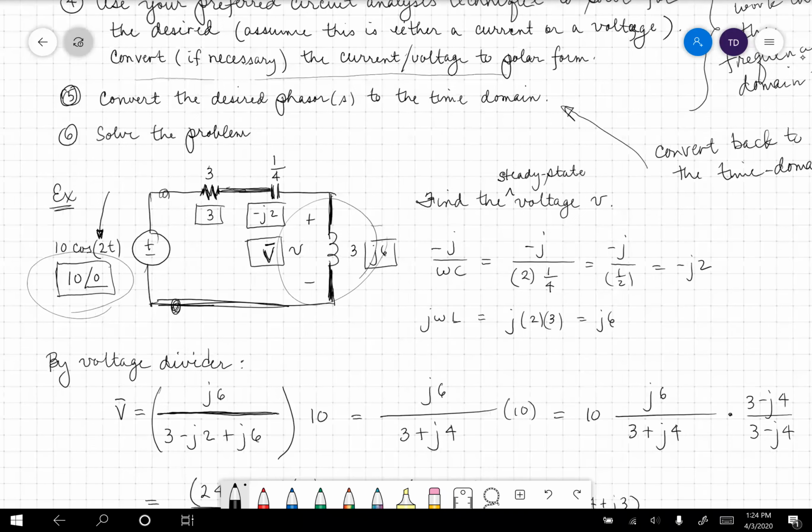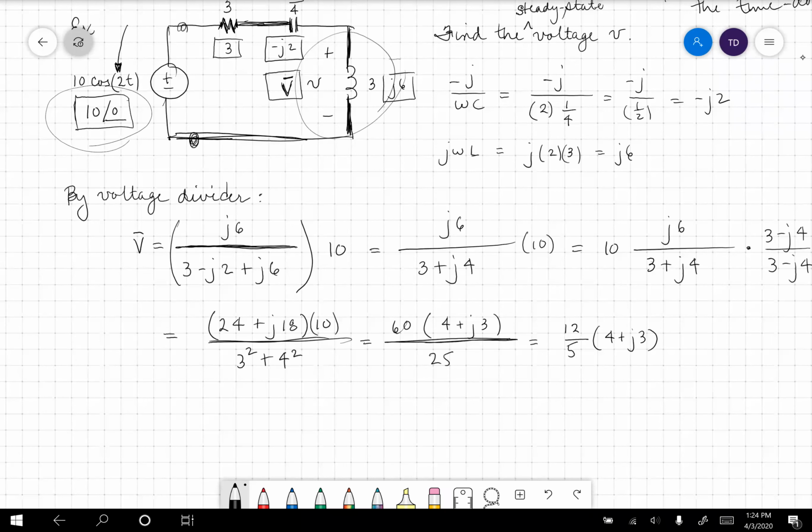So right now, we're not in polar form. So let's continue this. This is equal to 12/5 times the square root of 4 squared plus 3 squared at an angle tan inverse of the imaginary over the real, 3/4.